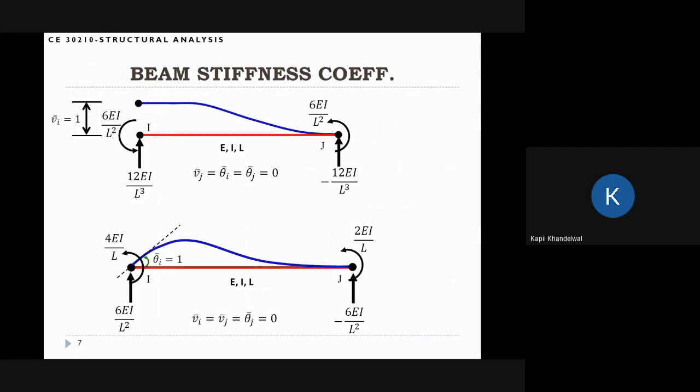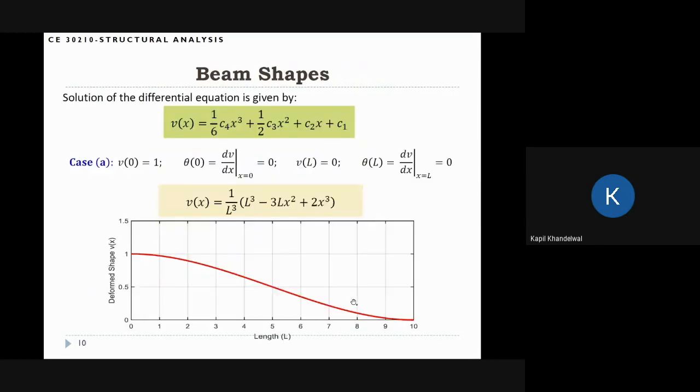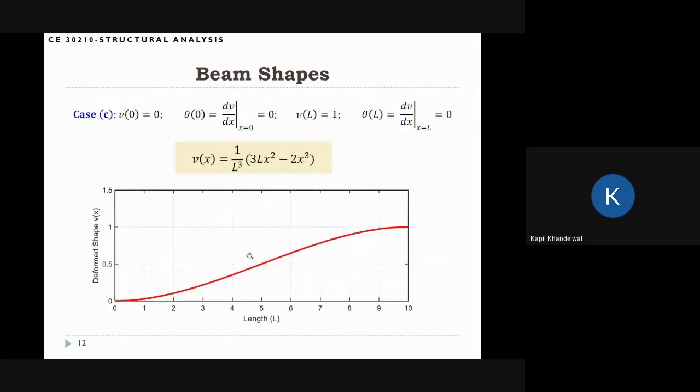But you're getting an idea of the reasoning behind these kinds of deformed shapes. Next, there are two more deformed shapes corresponding to Vj and theta j, but they are done in the same way. This is for Vj, applying a different set of boundary conditions. Again, it's a cubic polynomial, and in this case Vj is 1, and this is the deformed shape.